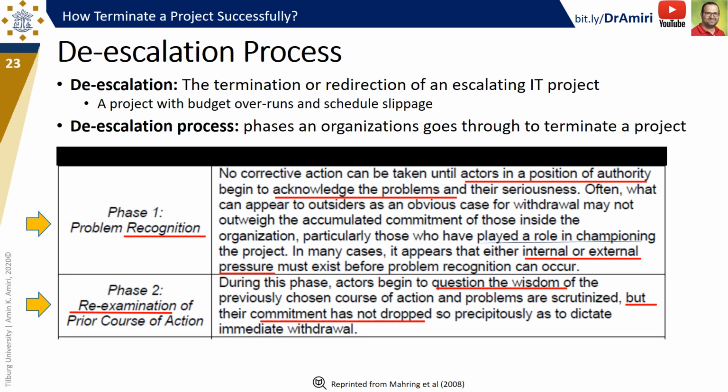The first phase is problem recognition. Authorities and powerful actors in the organization acknowledge the problem, and more importantly, they acknowledge the seriousness of the problem. This recognition usually occurs as a result of pressure by internal actors such as non-IT business units, Tyson for example, or external actors such as customers and the regulatory agencies of governments.